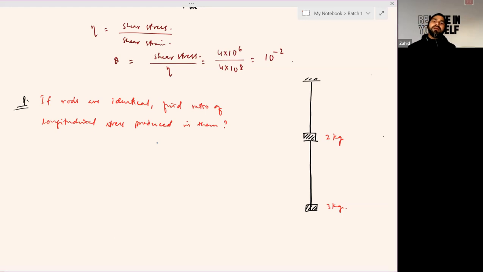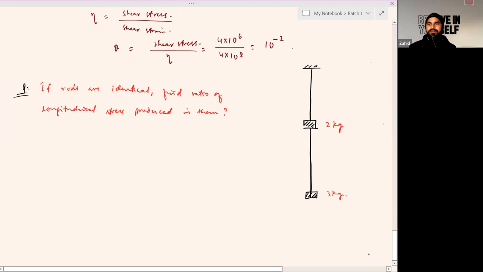So first thing, what will be the possible factor responsible for deformation in this particular rod or wire? Hamza, any idea? Which particular factor will be responsible for applying deforming force to the system?